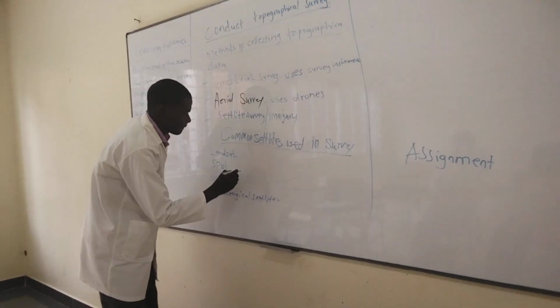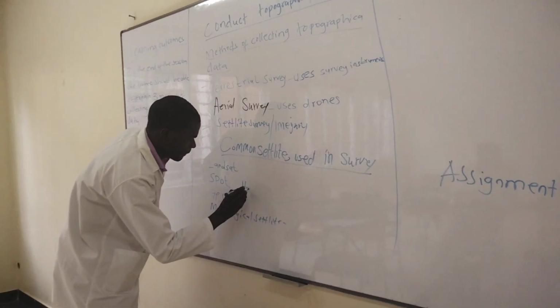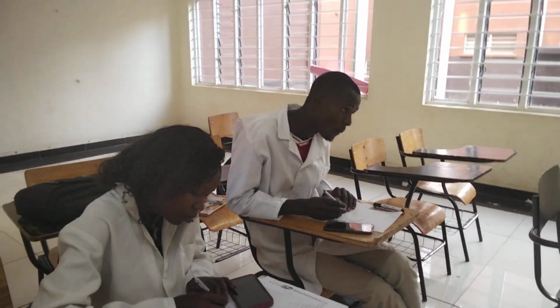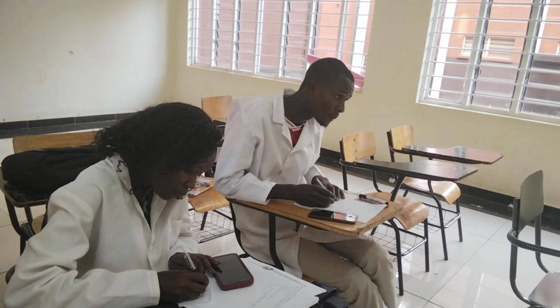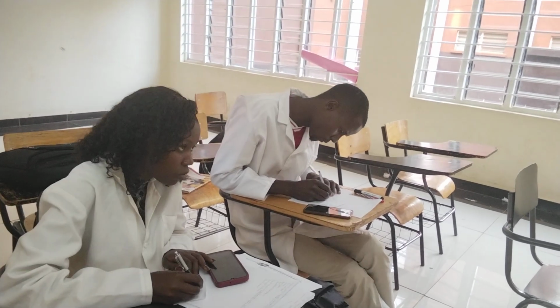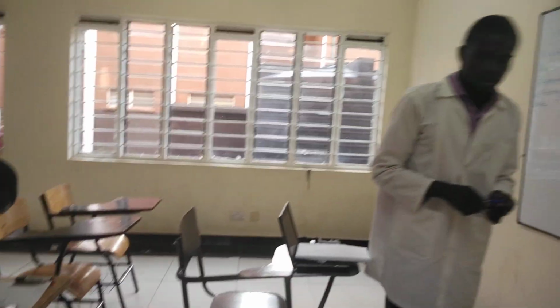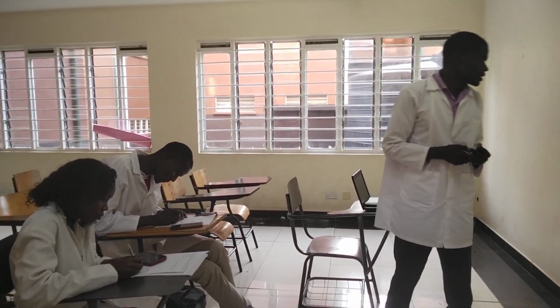Under GPS, we have what we call a handheld and RTK. They are all used in collecting data. So you have 1 minute please to come up with how GPS is used in collecting data.